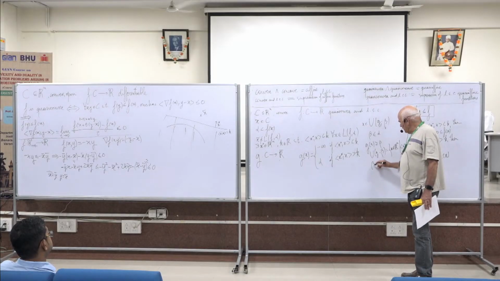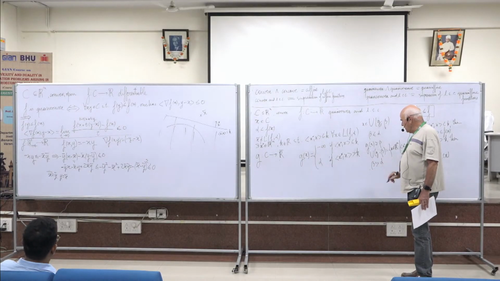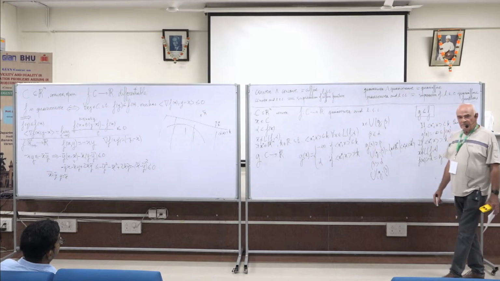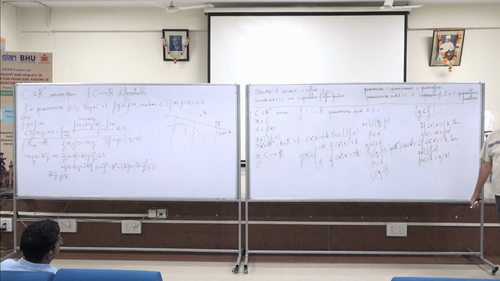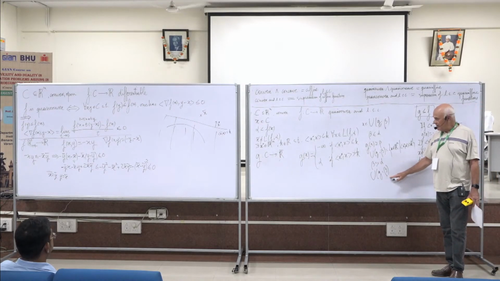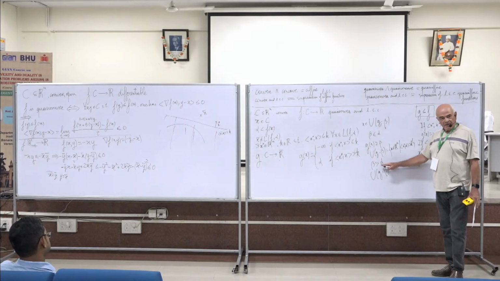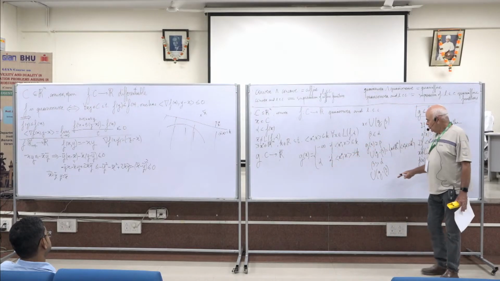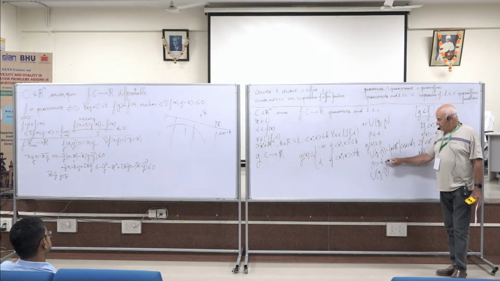Now, if beta is greater than alpha, what is the upper level set? So where does G take a value greater than or equal to beta if beta is greater than alpha? Never. Because the values it takes are minus infinity and alpha, which are both smaller than beta.